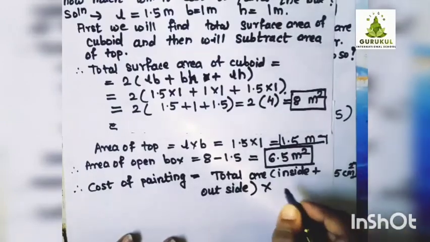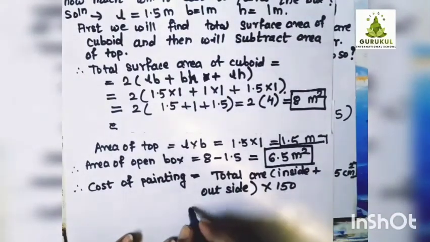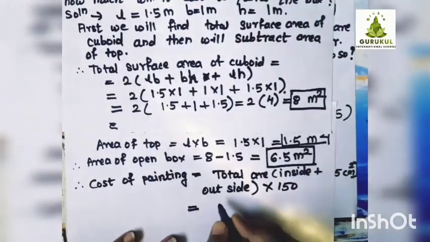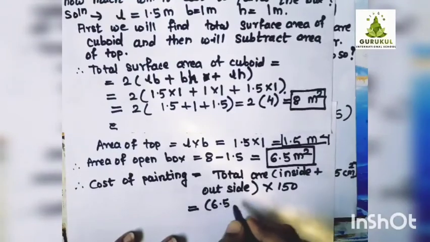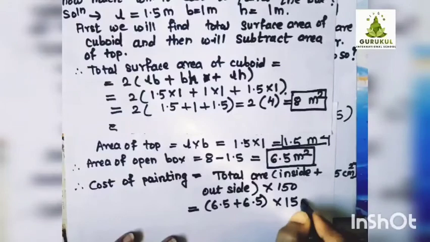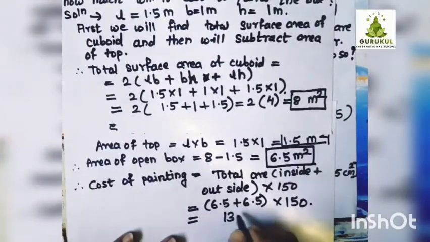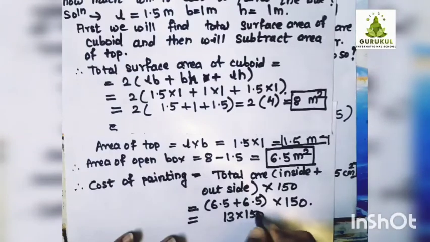How much is the cost? 150 per square meter. So I will write here multiplied by 150. Put the values into bracket: 6.5 plus 6.5 into 150. Okay, 6.5 plus 6.5 will be 13, multiplied by 150.